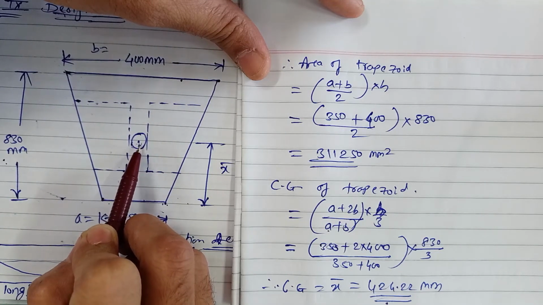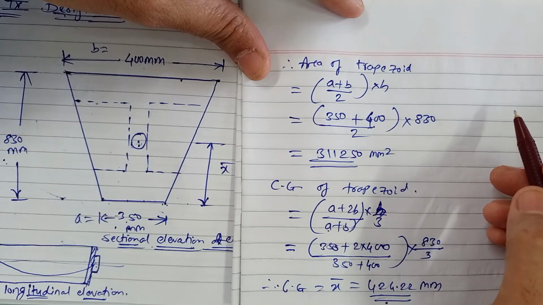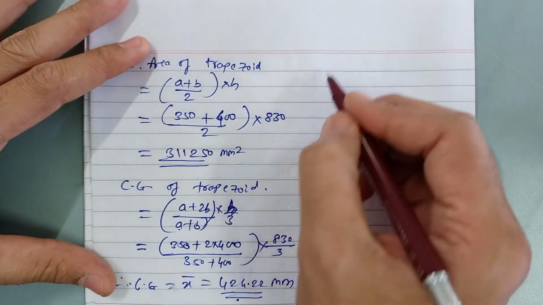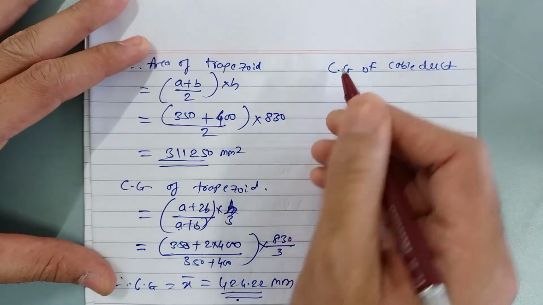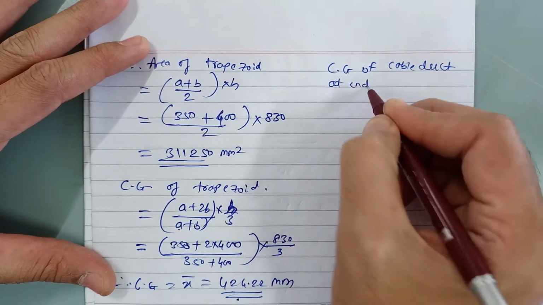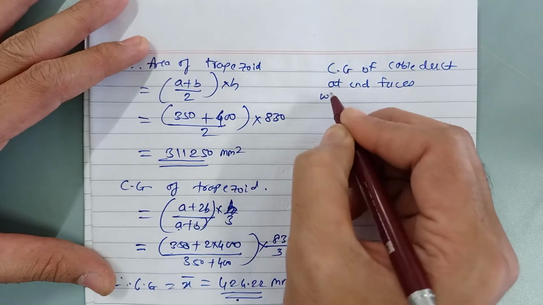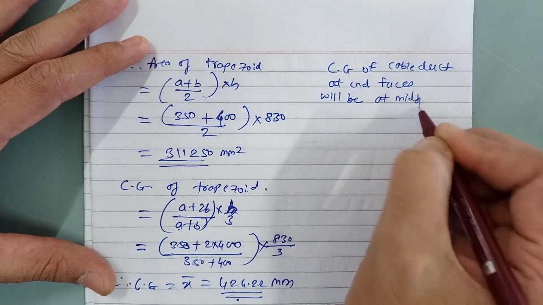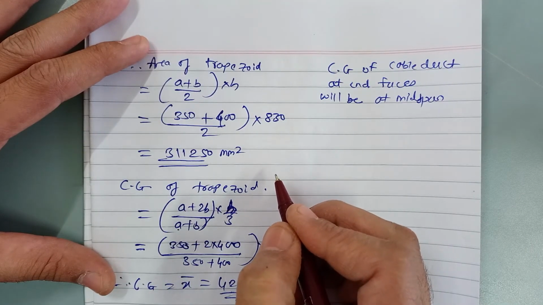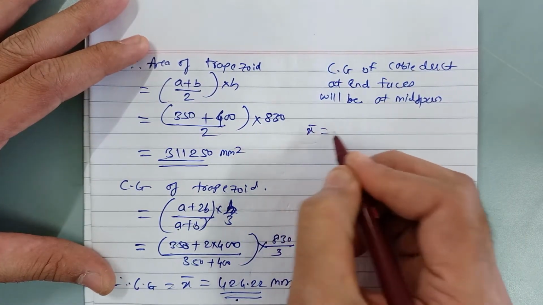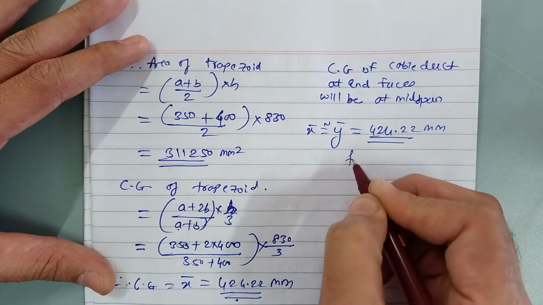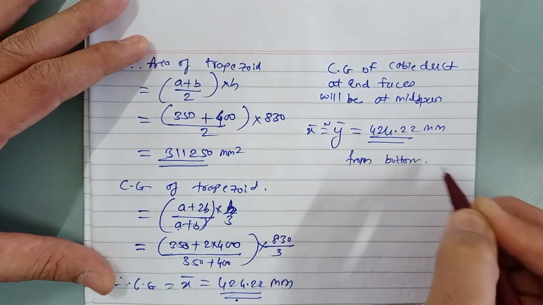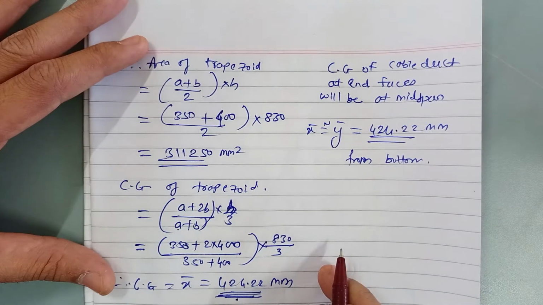We are placing all the cables in the same duct. Hence CG of cable duct at end faces will be at midspan, that is nothing but x bar, or you can say y bar, equal to 424.22 mm from bottom.